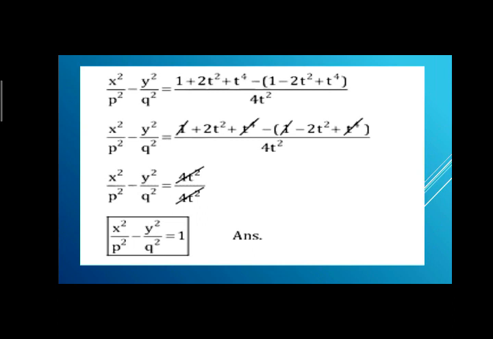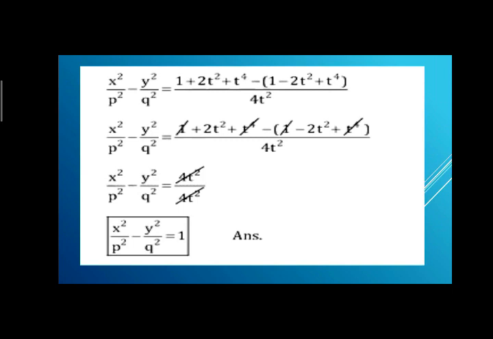Now plus 1 minus 1 cancel with each other, plus t to the power 4 minus t to the power 4 cancel with each other. So here you have the term 2t square plus 2t square, then it becomes 4t square. So in the numerator you have the term 4t square, and also in the denominator you have the term 4t square.